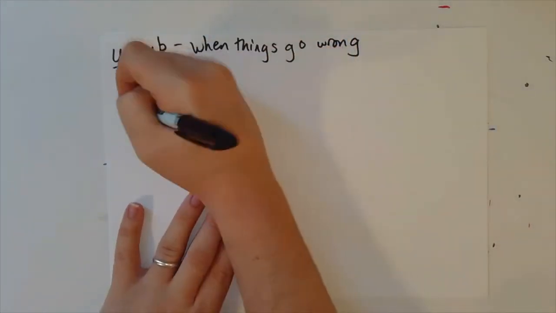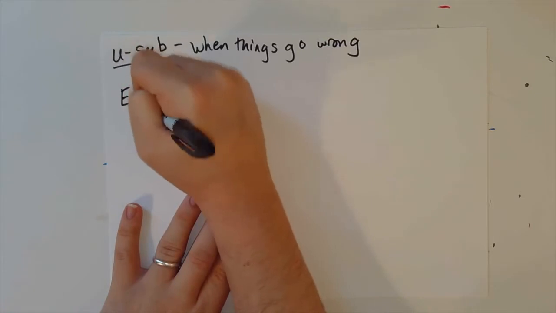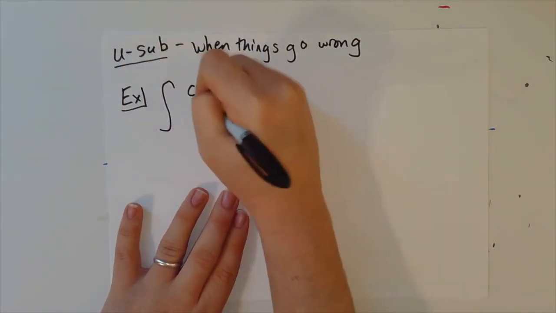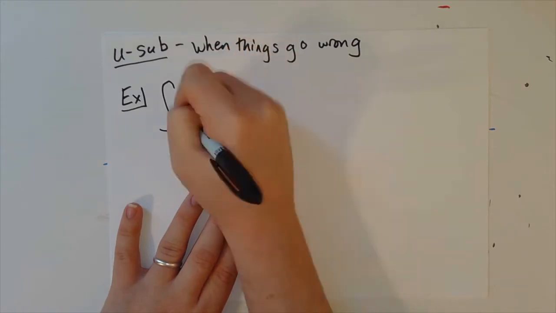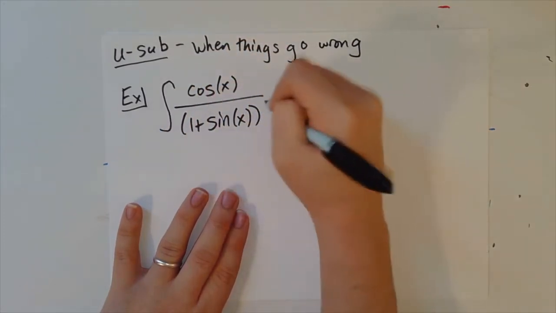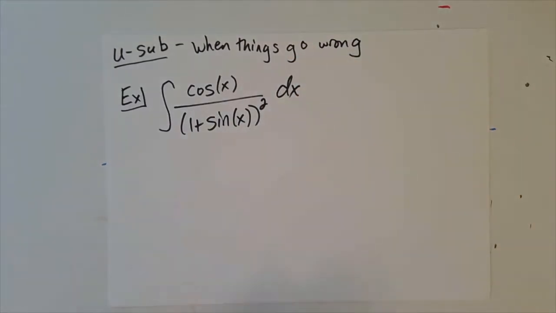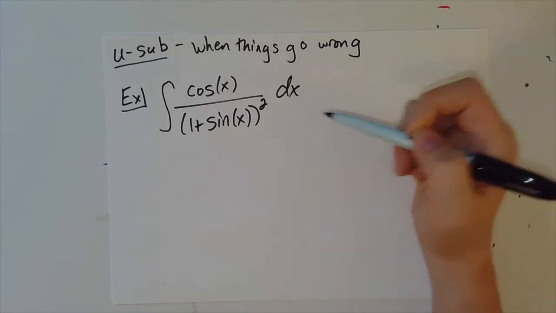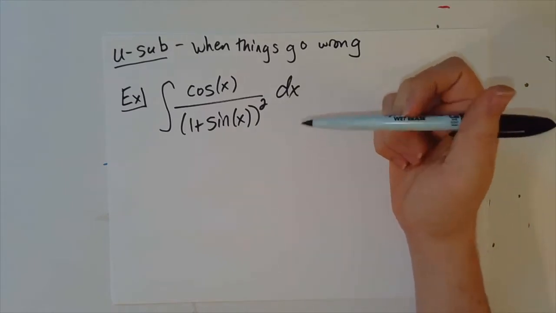So I'm going to start with the integral of cosine of x over 1 plus sine of x squared dx. Now, there's a few things that could go wrong here.